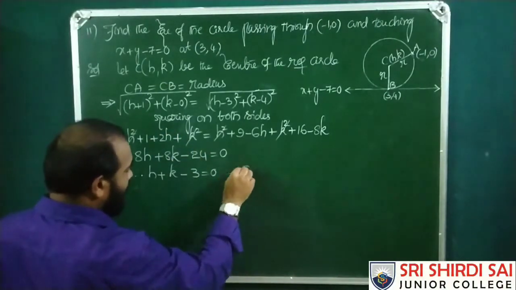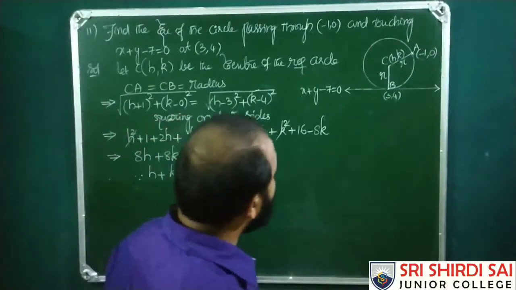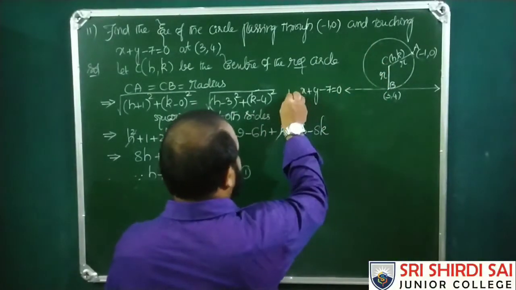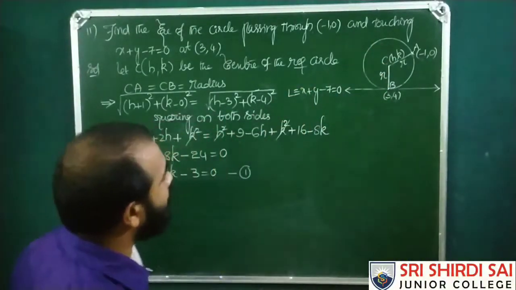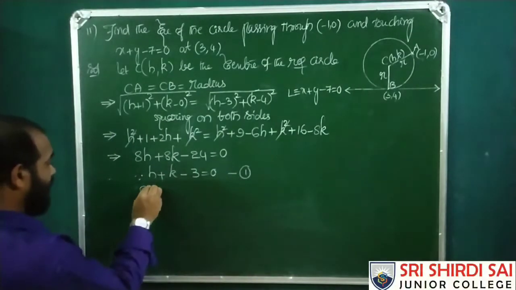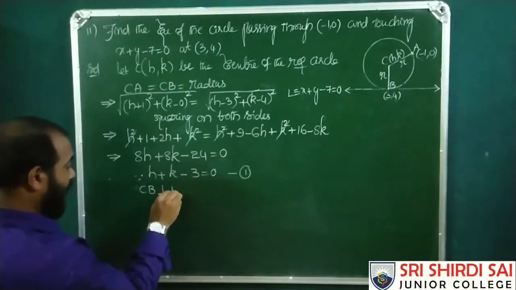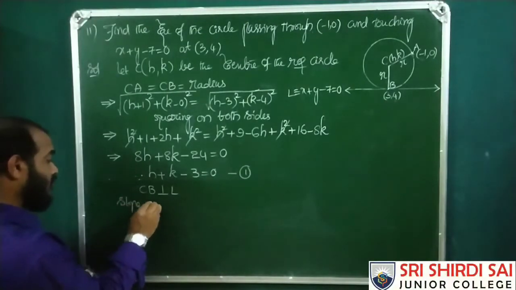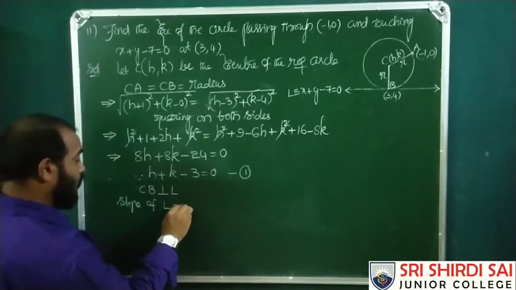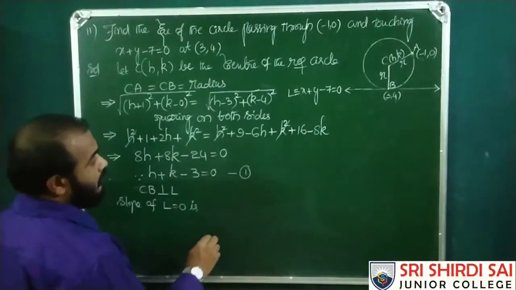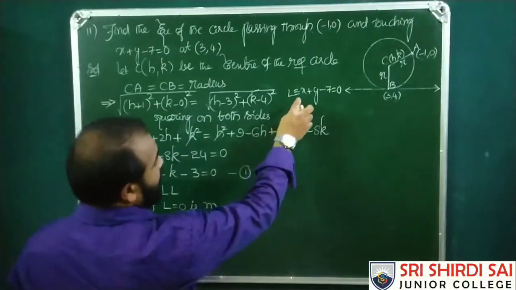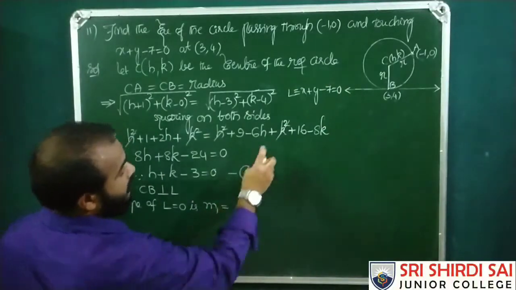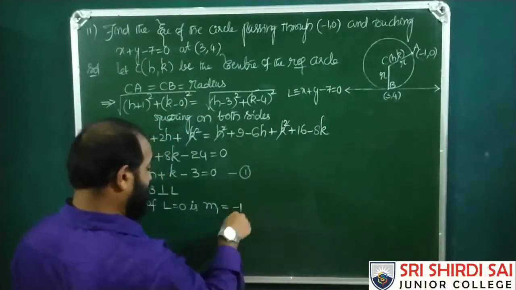Let us suppose that CB is perpendicular to the line given. So CB is perpendicular to L. So the slope of L, let us suppose the slope of this I have taken to be m1. m1 equals minus a by b, so minus 1.